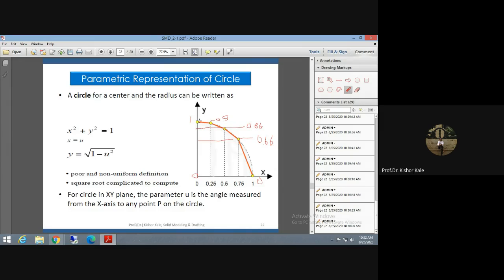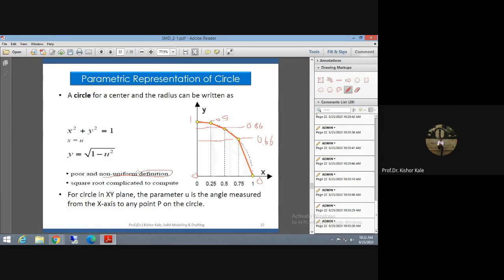If you try to plot the graph, you'll find a small distance here. It seems to be correct, but when you put the lines here, see the last line. Actually, we should get some point somewhere here, but you'll find this is coming as a straight line, indicating it is a non-uniform definition.